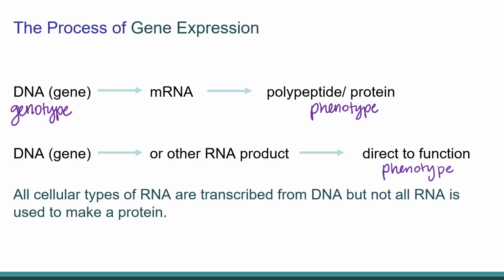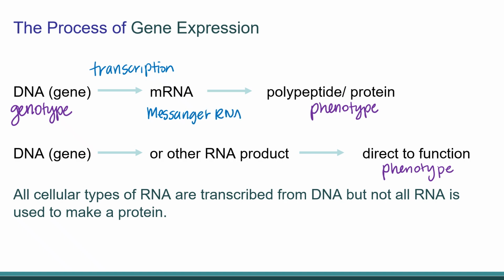So the first step in our process, no matter which type of end product we're going to produce, is going to be the process of transcription. And in the process of transcription, we use the message encoded in our DNA to make a copy of DNA as RNA. And this specific RNA is messenger RNA.